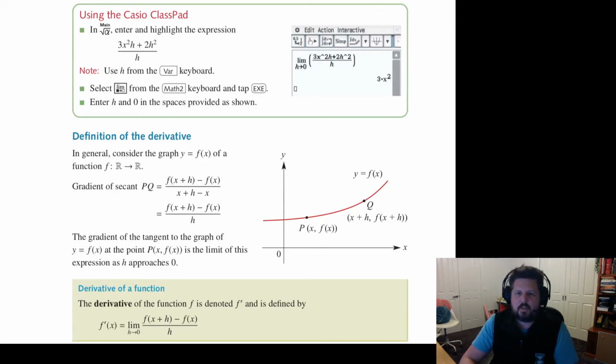Okay, they could ask you to calculate the derivative using first principles. Now, calculating the derivative using first principles is applying this information that we've been talking about.